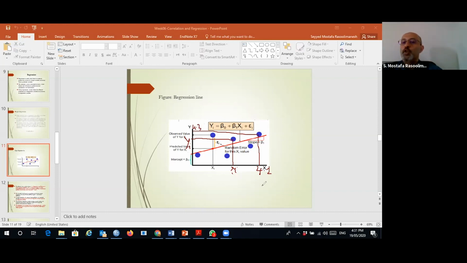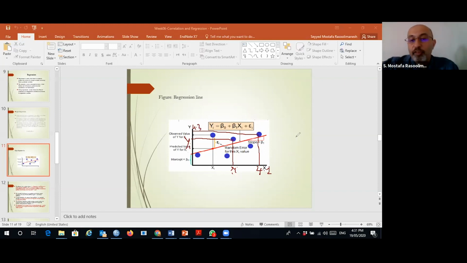So community attachment for this case is 4.2 and support for this case is 4.3. Each case has one value for the independent variable and one value for the dependent variable.